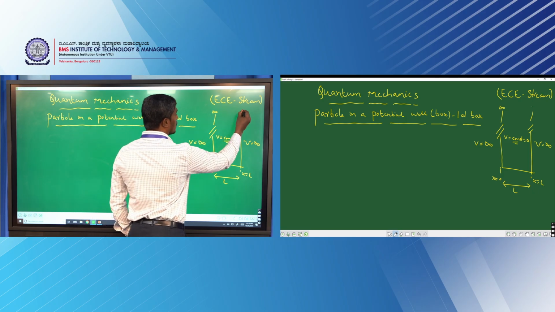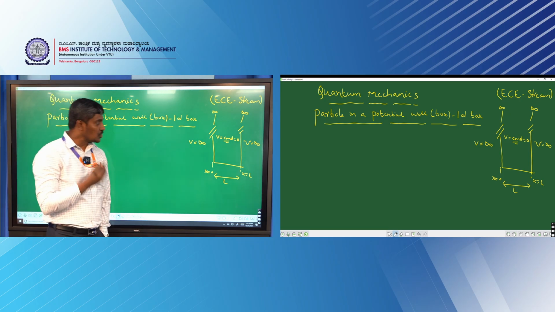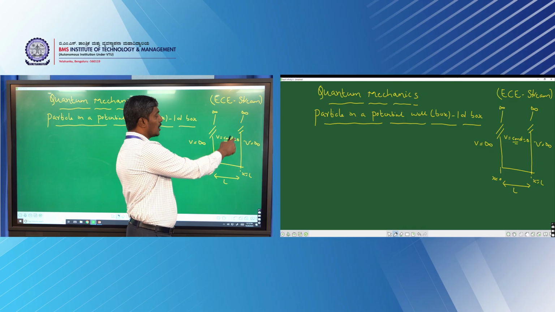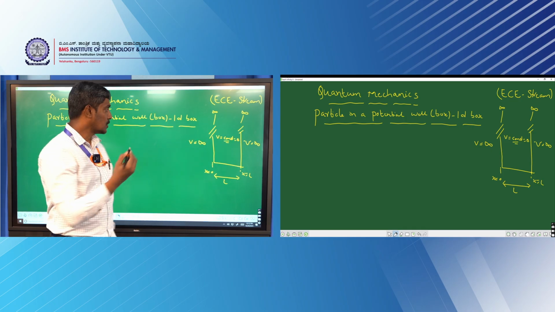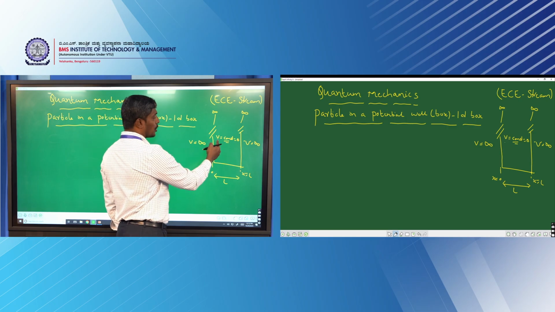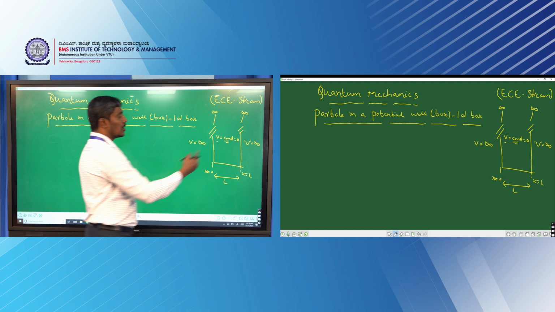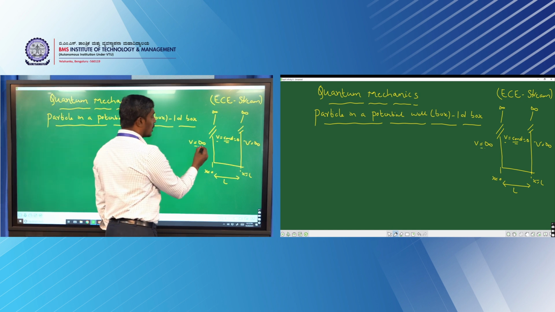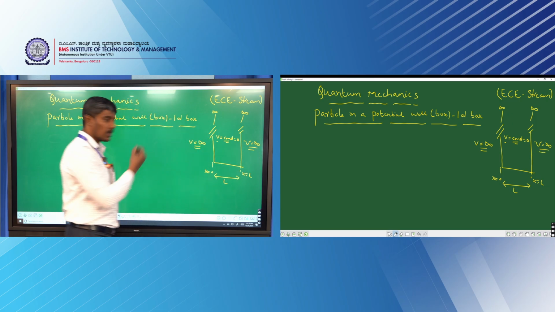Assume the potential inside the box is constant and equal to 0. Outside the box, the potential is infinite. That means a huge potential is there outside the well.